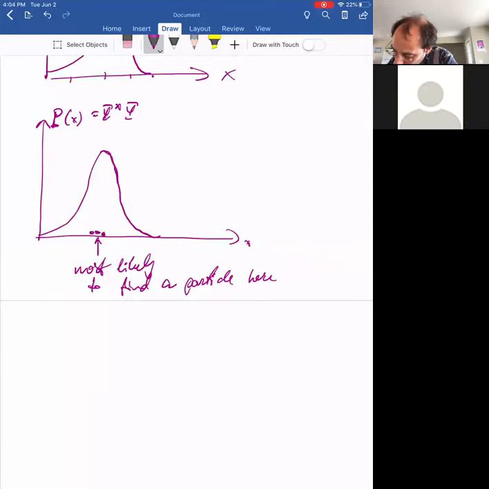Okay, so most of the particles will be found here, sometimes here, sometimes here, but a lot of them will be found here. And so if I accumulate those particles, that histogram will match that probability distribution. That's what we mean by probability distribution. It's larger where the particles are found the most frequently.